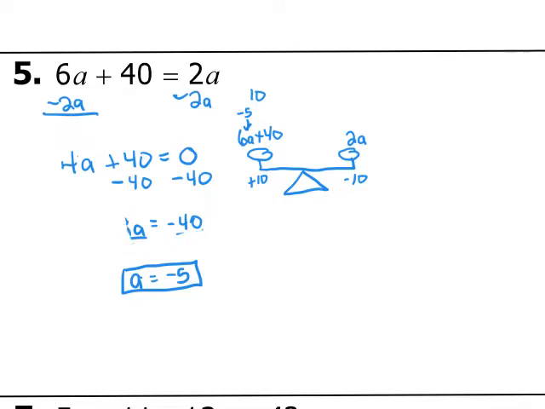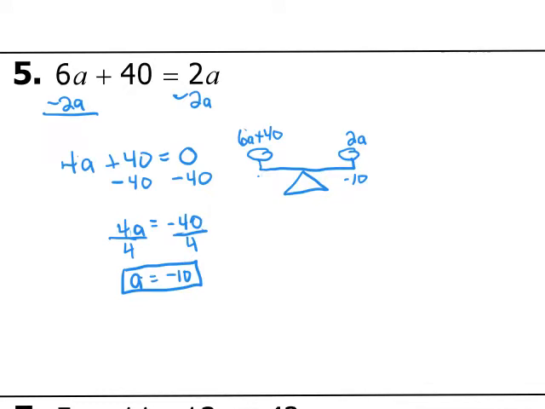So guess what this means? It means 4a, and then it means I'm taking that pile of negative 40 stuff, dividing it into only 4 groups. And so the actual answer is negative 10. And really, then we have negative 10 times 6 is negative 60, plus 40 gives me negative 20.